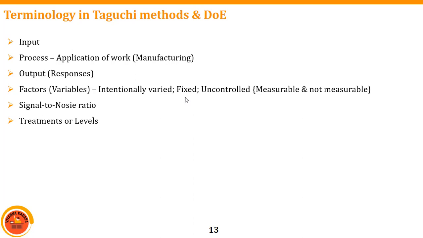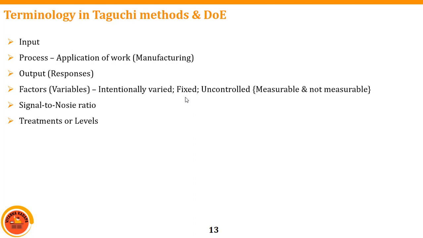Next, treatments or levels. Treatments means, for example, I am trying to run this experiment at high levels, or at low levels. So this talks about whether I am going to run the experiment at a low level or at a high level.